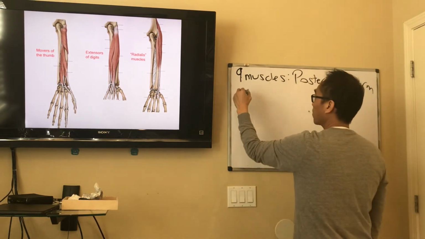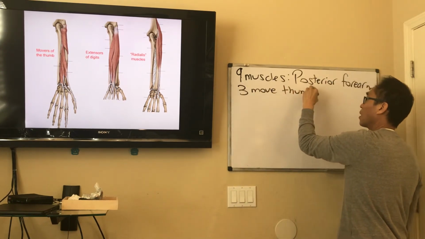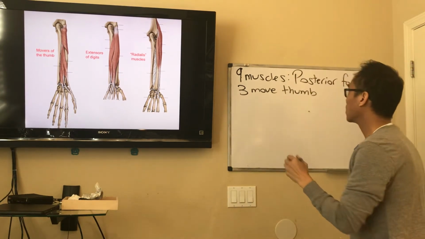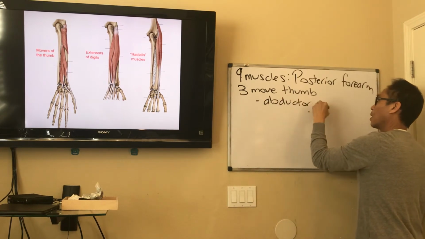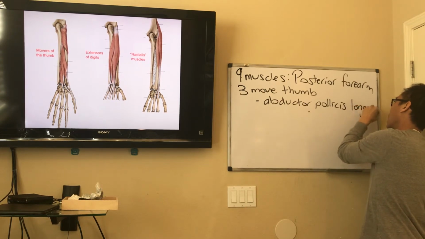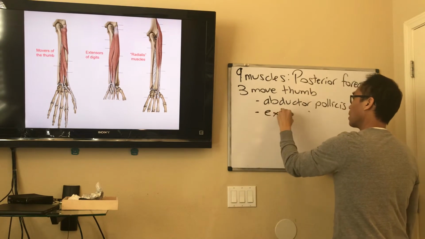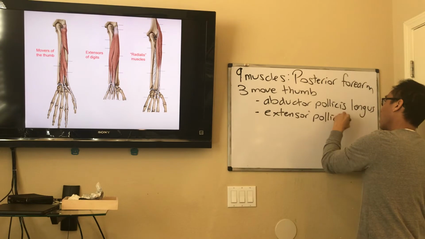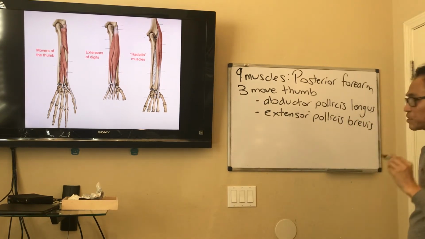Three movers of the thumb: Abductor Pollicis Longus, Extensor Pollicis Brevis, Extensor Pollicis Longus.